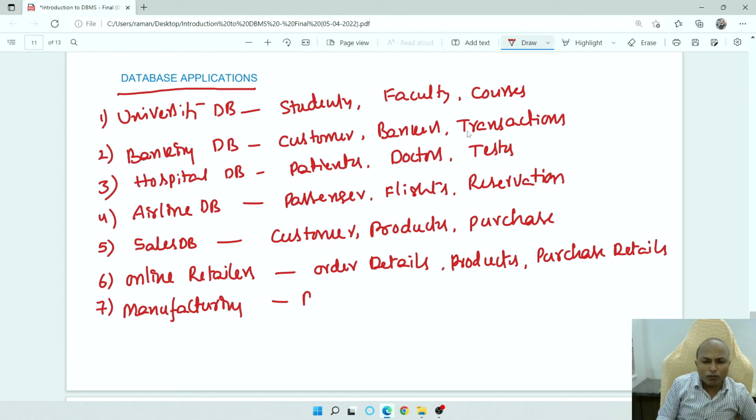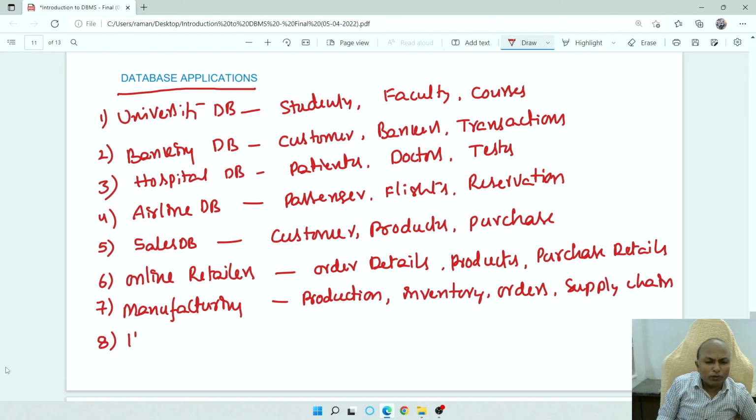For example, they have one table for production, another table for inventory to keep track of all the raw materials and everything, another table for orders, and another table for supply chain. These are the minimum tables; some may have more.